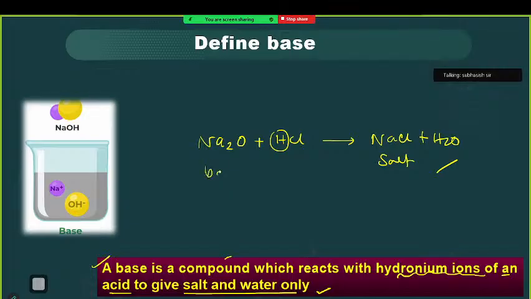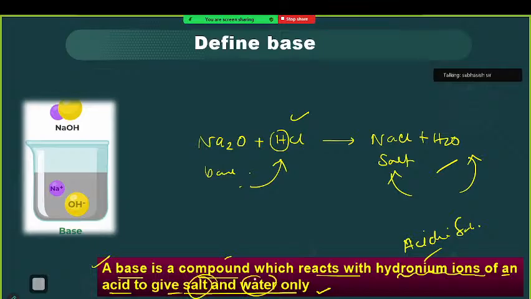So a base is such a substance that reacts with acid with the formation of salt and water. So a base is such a compound which, when it reacts with hydronium ion or an acidic substance, gives salt and water only.